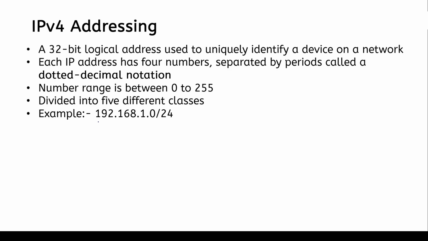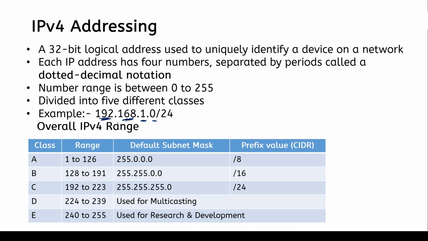Here you can see that it has 4 blocks: block 1, block 2, block 3 and block 4, and each block is separated by a dotted decimal notation. The overall IPv4 range is divided into 5 classes, as given in the table. They are Class A, Class B, Class C, Class D and Class E.